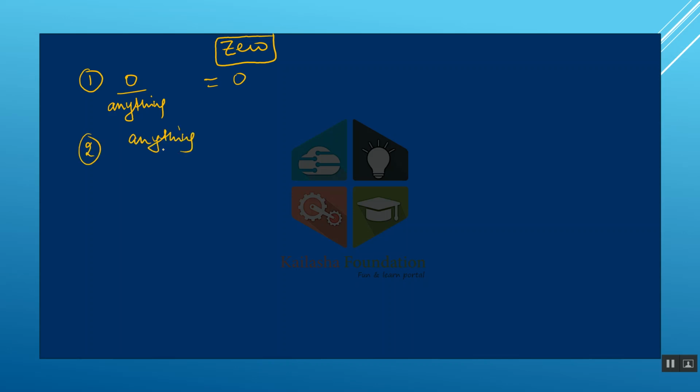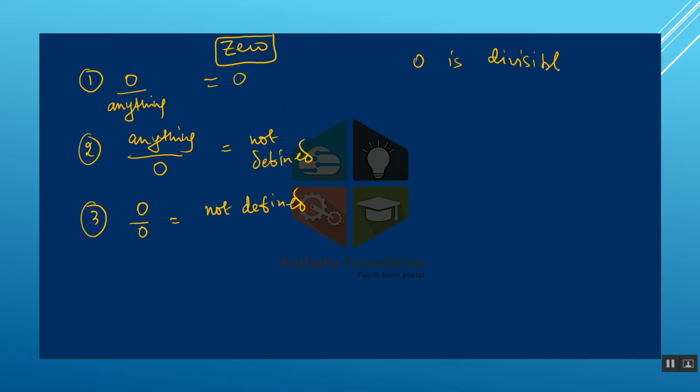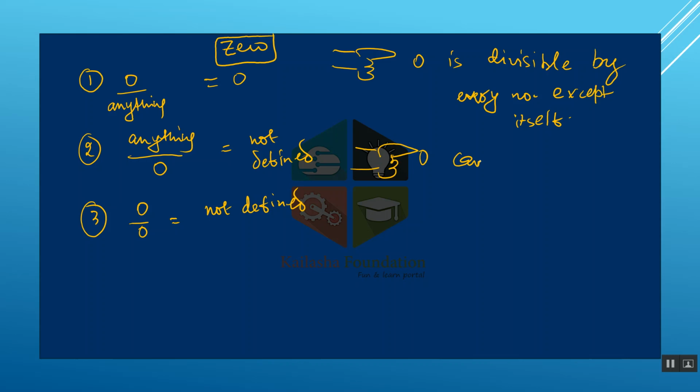Anything non-zero by 0 is not defined. 0 upon 0 is not defined or cannot be determined. 0 is divisible by every number except itself. 0 cannot divide any number. 0 is divisible by every number, so 0 is divisible by 2 also.